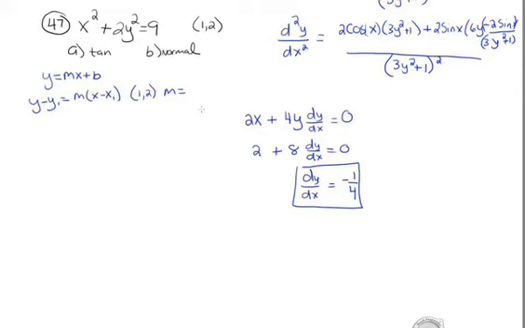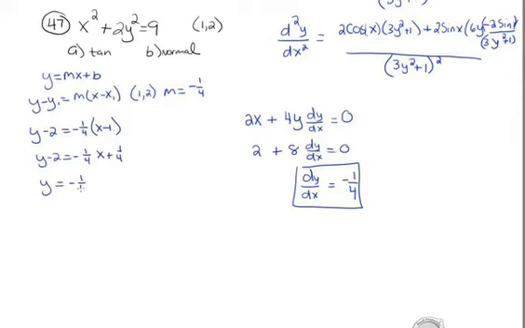So now it becomes a very trivial activity, and I get y minus 2 equals negative 1/4 times x minus 1, distribute, negative 1/4 x plus 1/4, and then add the 2.